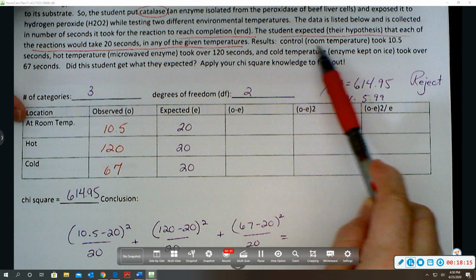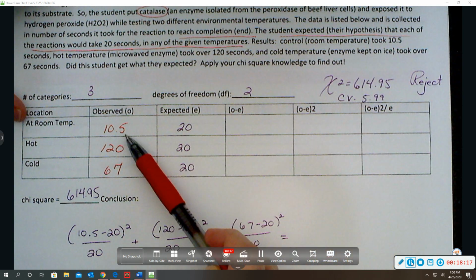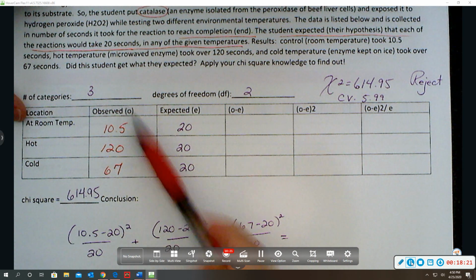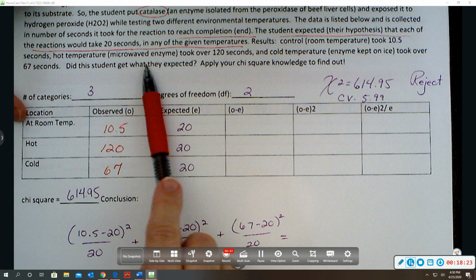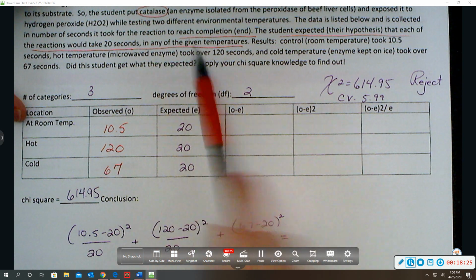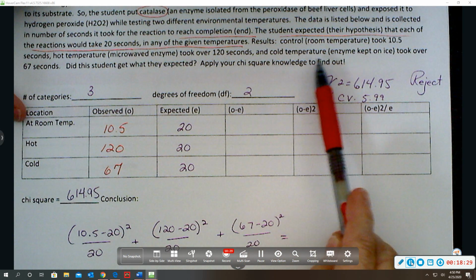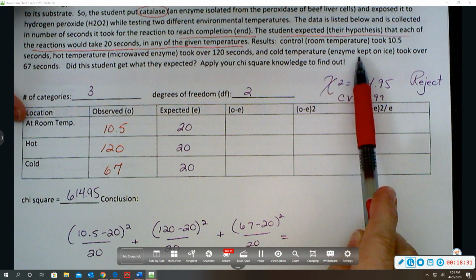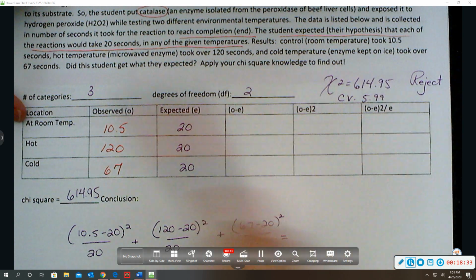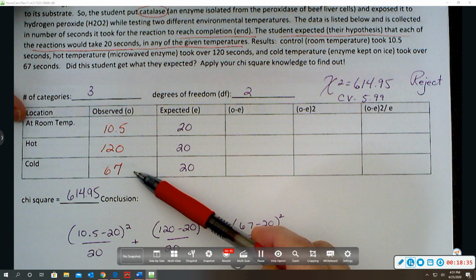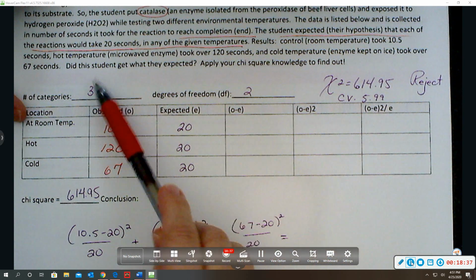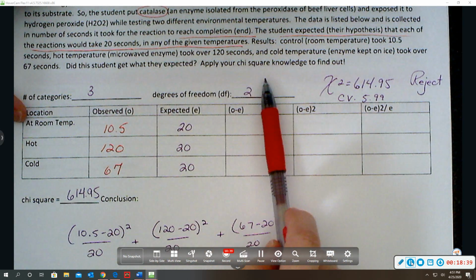In the control, which is room temperature, it took 10.5 seconds. In the hot temperature, where they actually microwave the enzyme, it took 120 seconds. And finally, in the cold temperature, where they had the enzyme on ice, it took 67 seconds, or a little over. Did this student get what they expected?